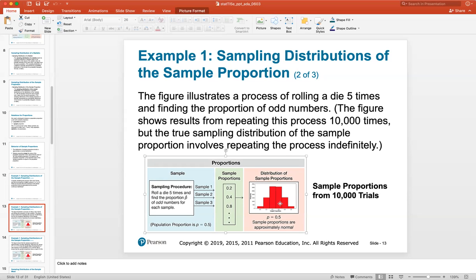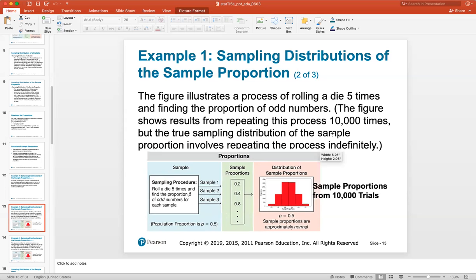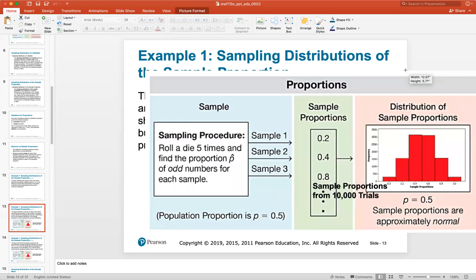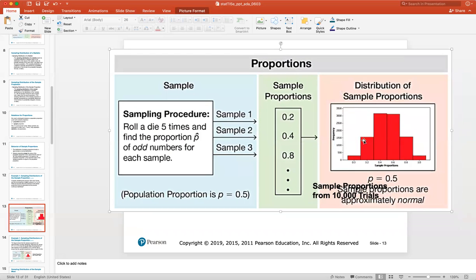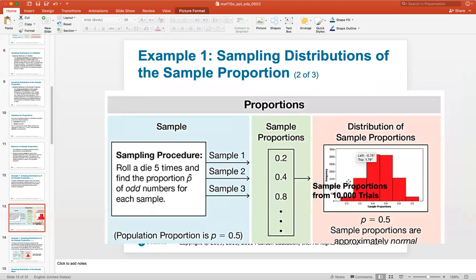I'm not sure you can see this, but do you see that for a frequency of more than 3,000, I think 3,200 times, we got 0.4 as the sample proportion?